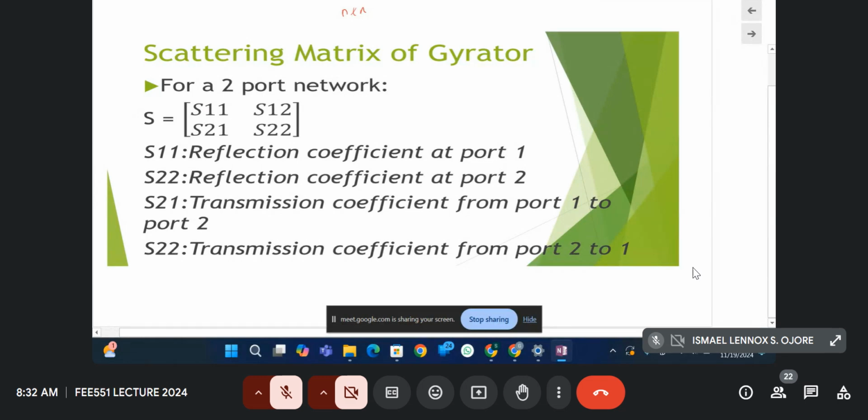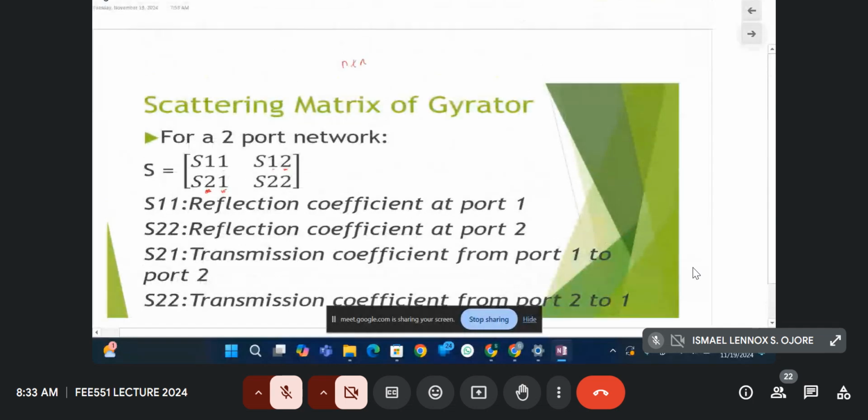So you feed a signal at port 1, then what amount does it reflect on the same port? The same case for port 2, you feed a signal there, what amount does it reflect back? Then you have a signal that is fed at port 1, then what amount goes to port 2? The same case here, you feed a signal at port 2, and then you see the behavior at port 1.